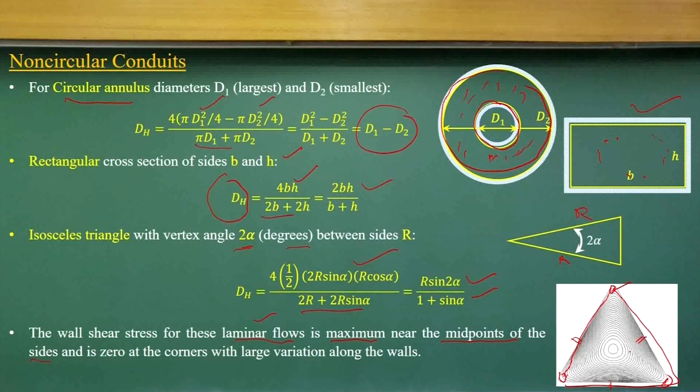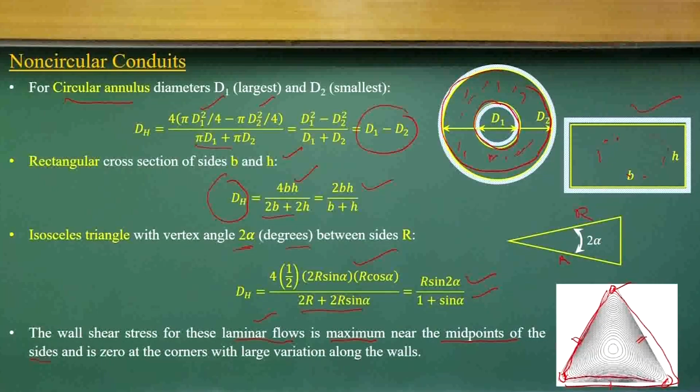Okay. More details I am not going into because it is quite undergraduate level and we did not discuss in much detail the flow patterns that are supposed to be there when you have a complex geometry like an isosceles triangle. You can see that the maximum wall stress will develop at this point, while it will be 0 at these 3 points.